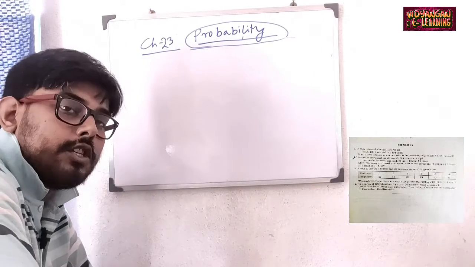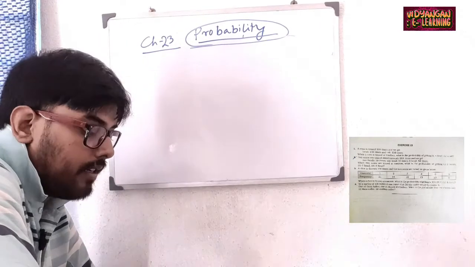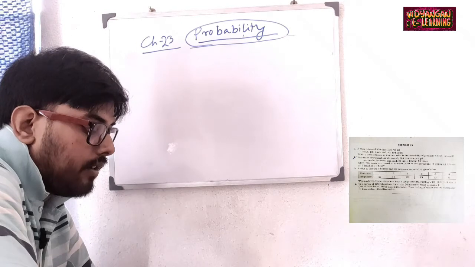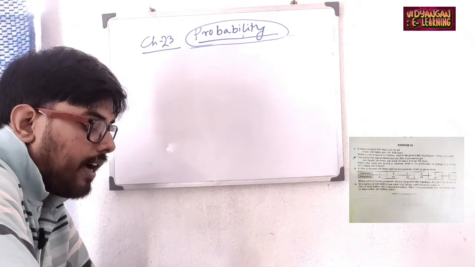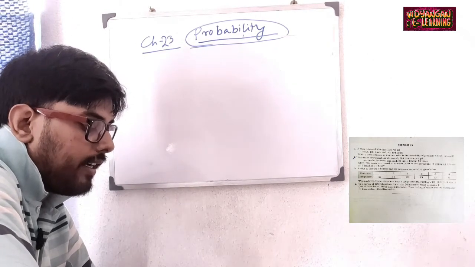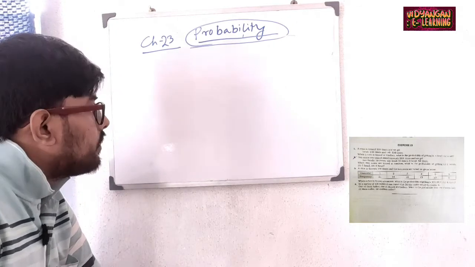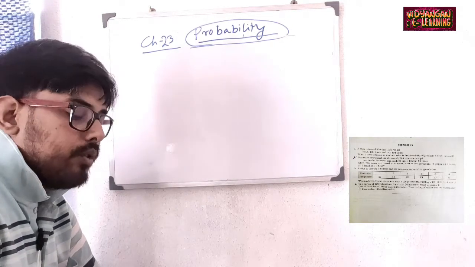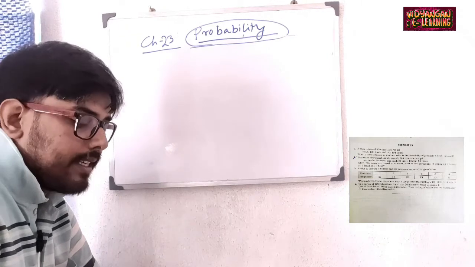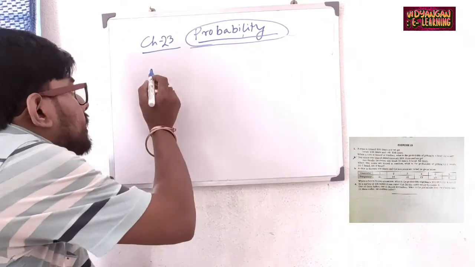So student, question number 3. There is a table given in which it says a dice is thrown 100 times and the outcomes are noted as given below. So we may get 1, 2, 3, 4, 5 or 6.